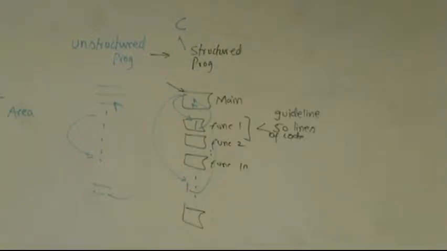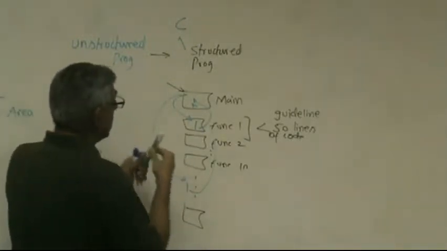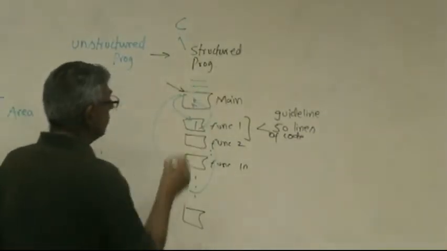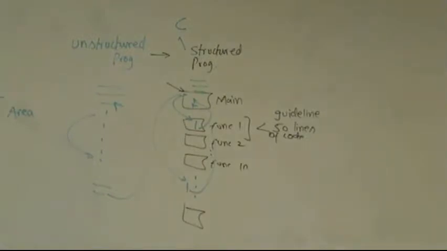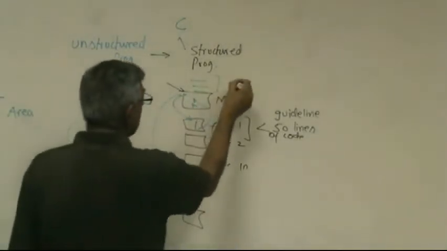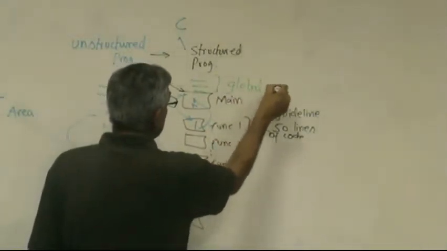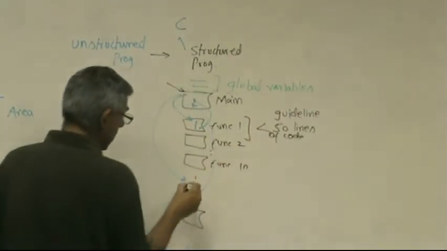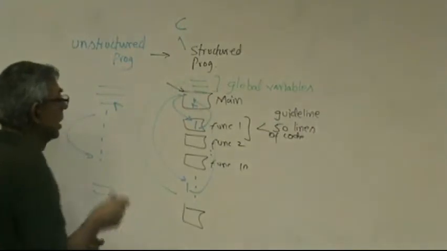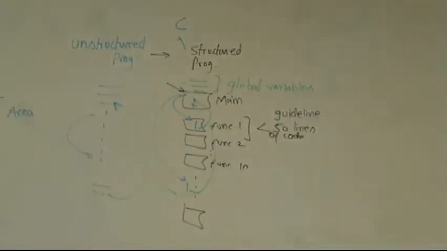Now, we discussed that one of the disadvantages of this style was you can declare some variables at the top, which do not belong to a function, but are outside the main, outside any function, and these are called global variables. Meaning, any function, any subroutine can go and read the variable or change the value of the variable.